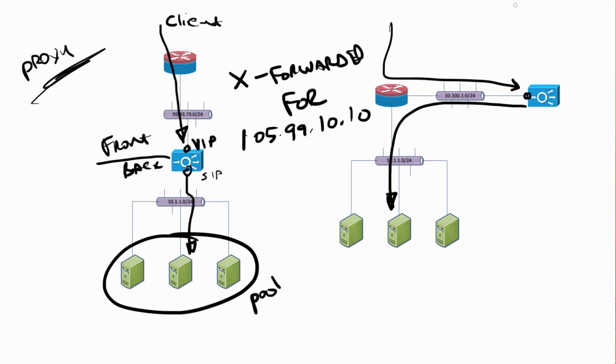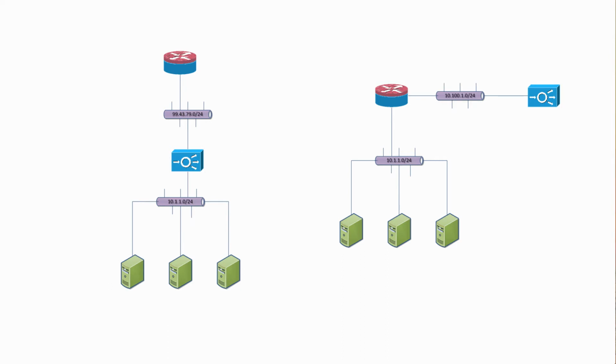All right, the next topic I want to talk about is SSL termination. It's a pretty quick topic, but it's very important. Basically, what we're going to do with SSL termination is, if you have traffic coming from a client that is HTTPS, that means it is SSL encrypted, obviously.